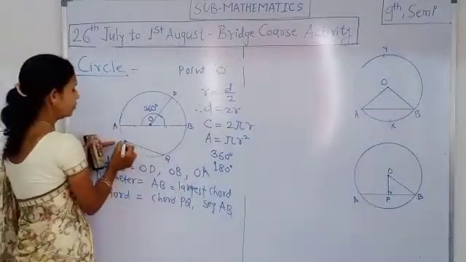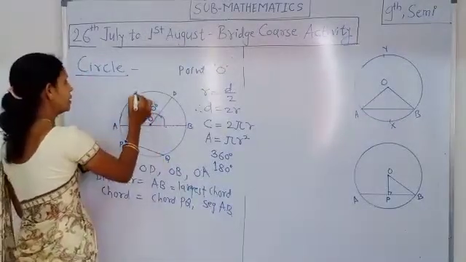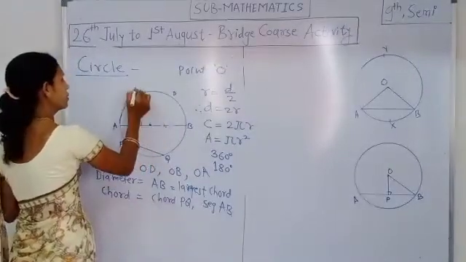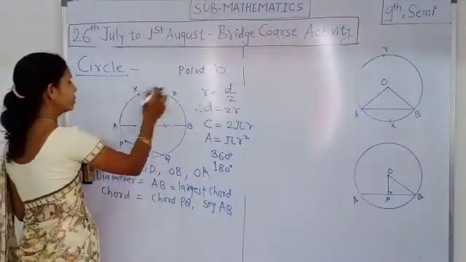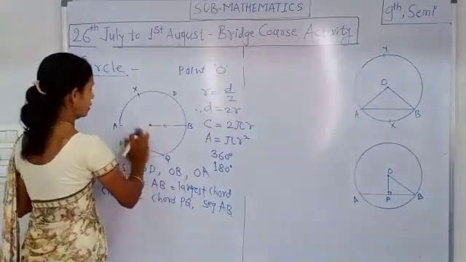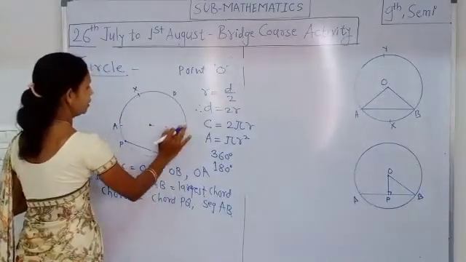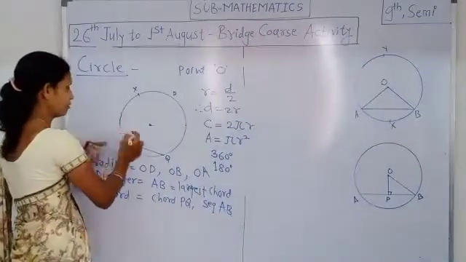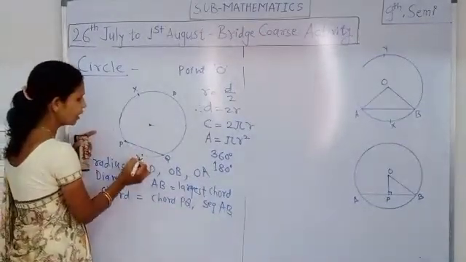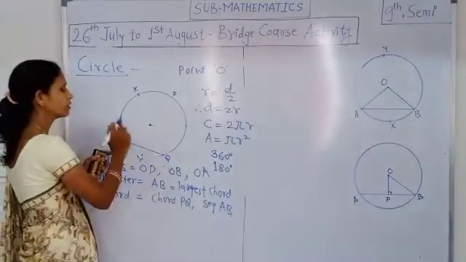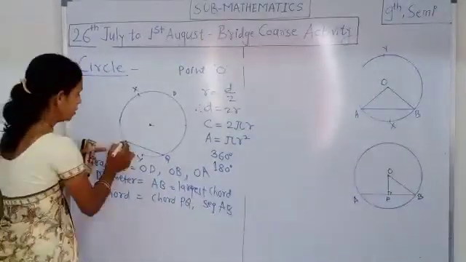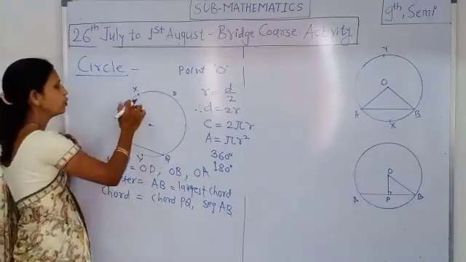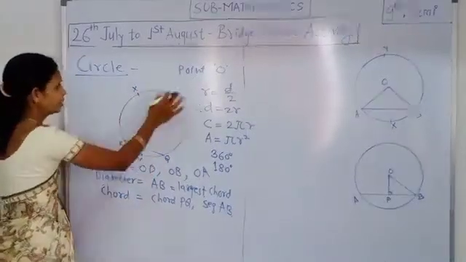See here, PQ is a chord, and suppose X is any point on that circle, and Y is another point on that circle. Then because of that chord PQ, that circle is divided into two parts.